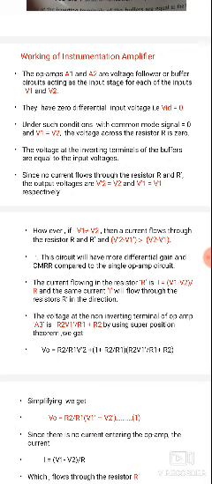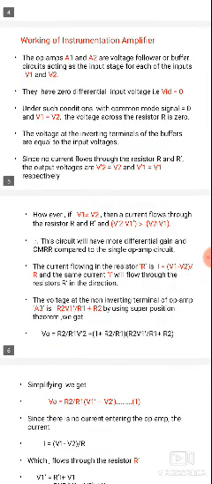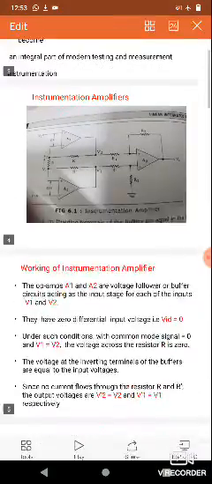The voltage across the resistor is also 0. The voltage at the inverting terminal of the buffer is equal to the input voltage. Since no current flows through the resistors R and R dash, the output voltages are V2 dash equals V2 and V1 dash equals V1 respectively.